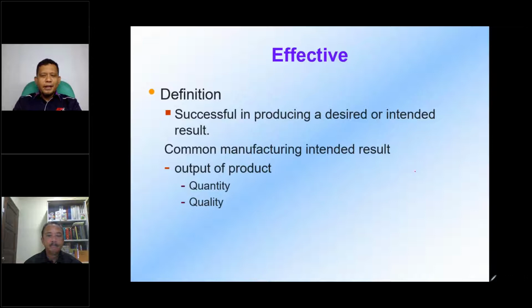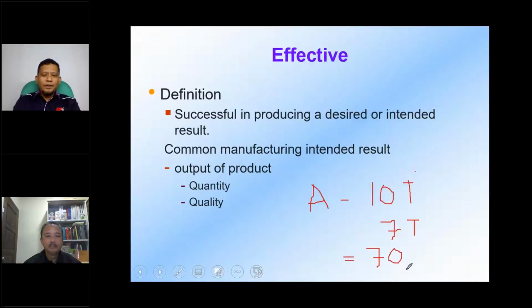For example, this chemical plant A can produce 10 ton of product, and then they measure their production output. They only produce maybe 7 ton per day, and then they say their efficiency is 70%.